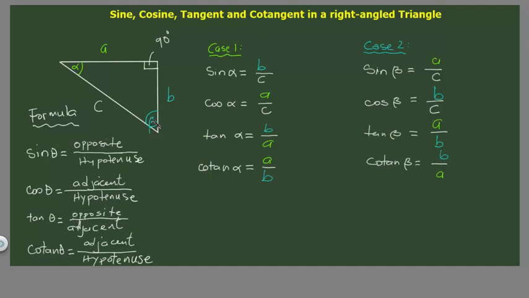It all depends on where you are standing, right? You've got to be careful: the angle you consider is the position from which you rate the other components of a right angle triangle.